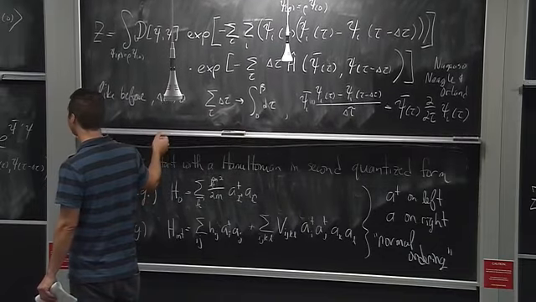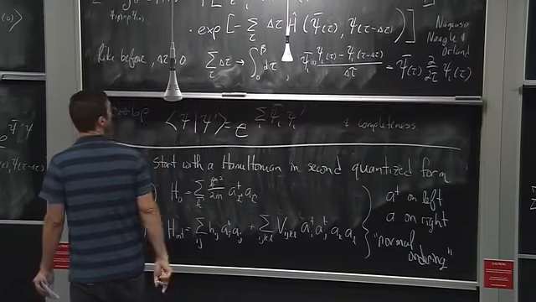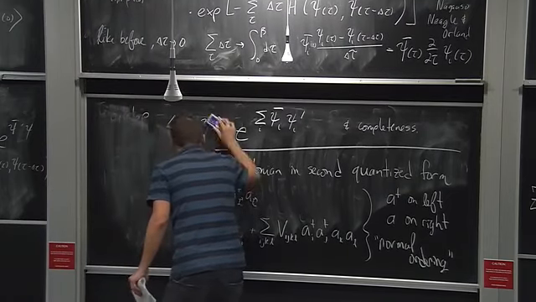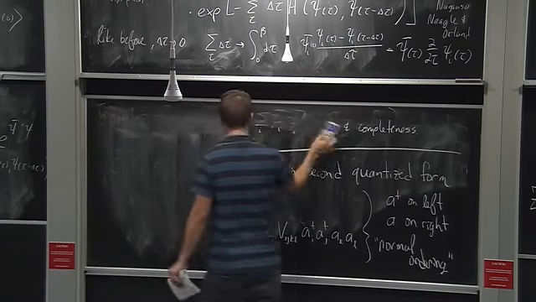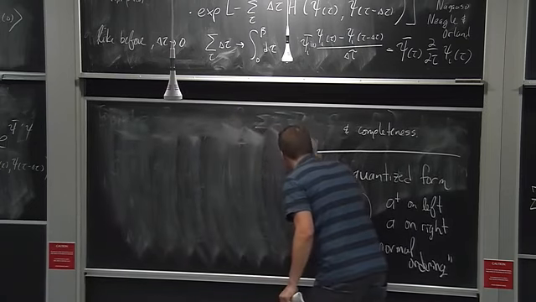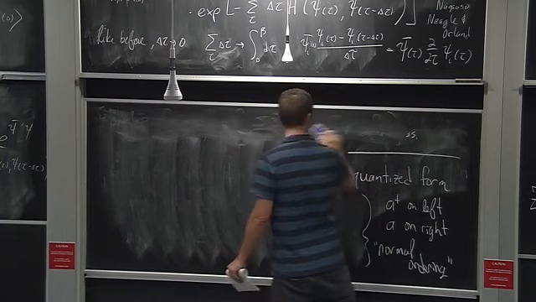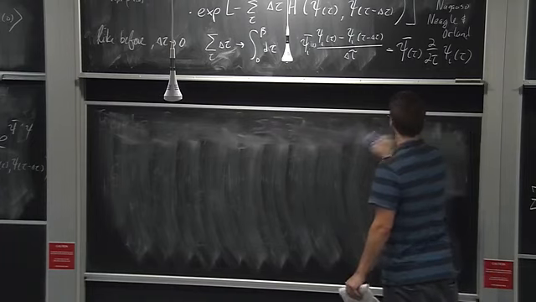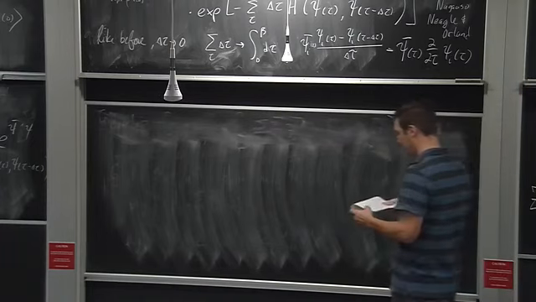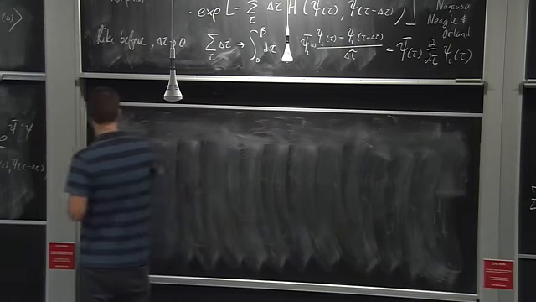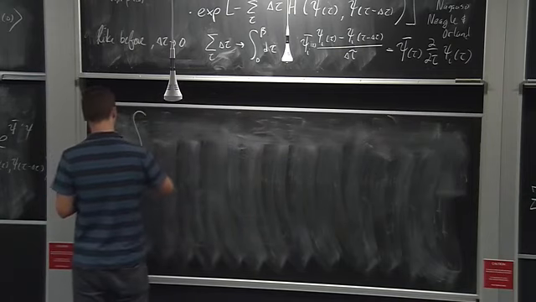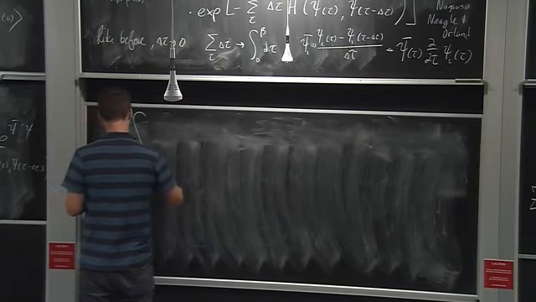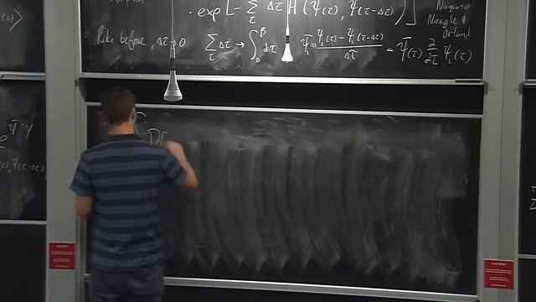Okay? So then the final form of the coherent state path integral written in terms of this functional derivative.